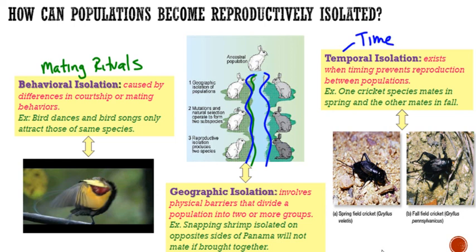If it turns out that one population mates at a different time of the year, well, they're definitely not going to interbreed. So timing. So time is going to prevent populations if the mating happens at different parts. So behavior, physical separation from geographic barriers, or simply timing during their reproductive cycle.